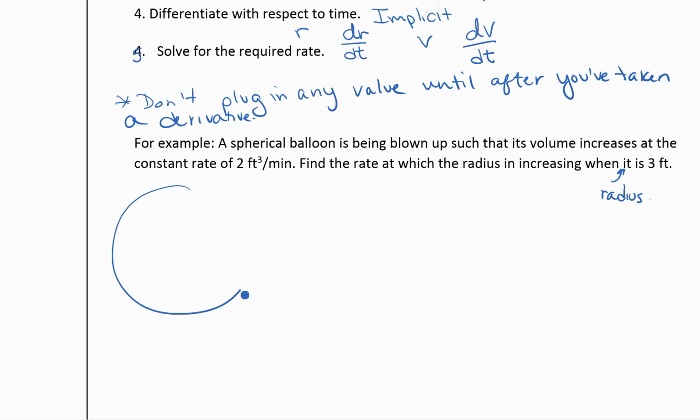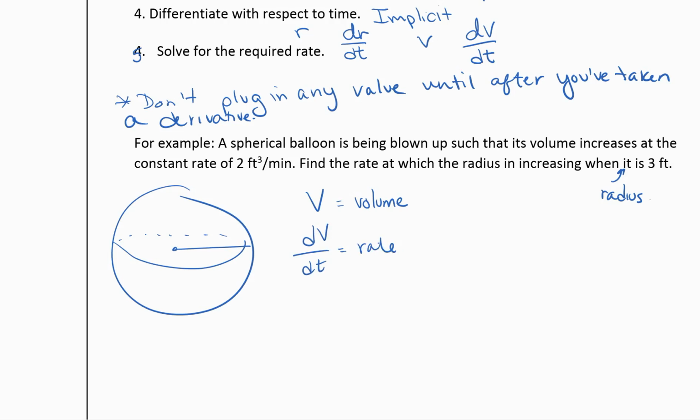Okay, so we've got a balloon. So we're going to have the volume of the balloon, and that means that dV/dt will be the rate at which the volume is changing.